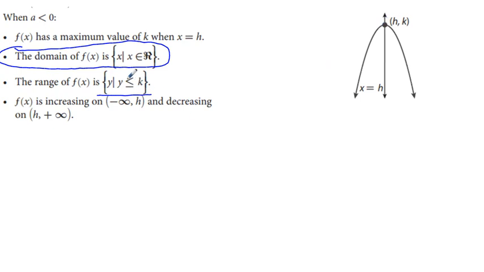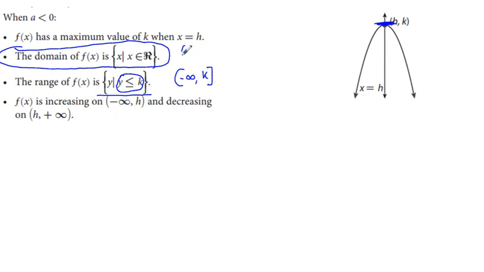Here we have a maximum value of k, and so y is going to be less than or equal to k, for the range. And in interval notation, we would write that as negative infinity to k. That's what our range would look like.